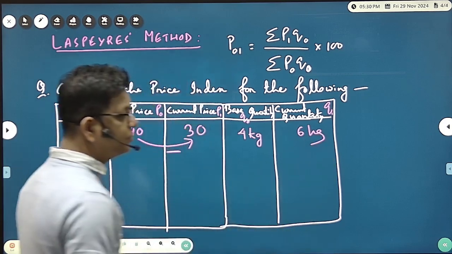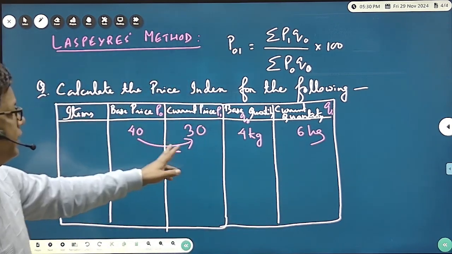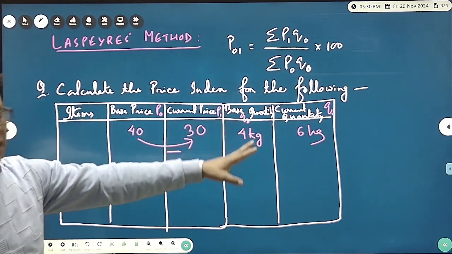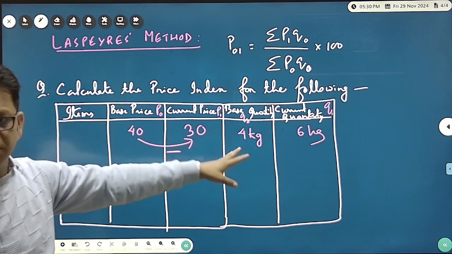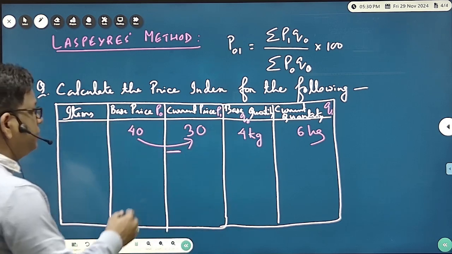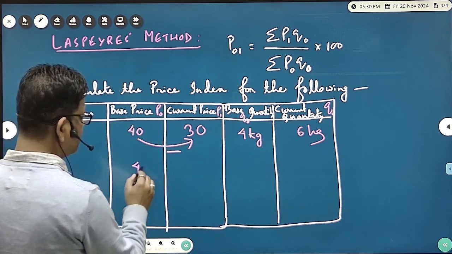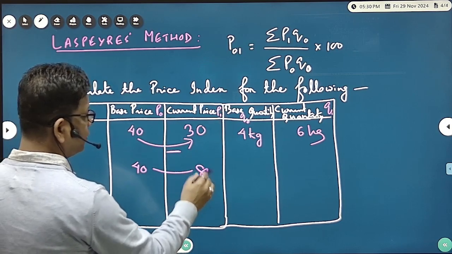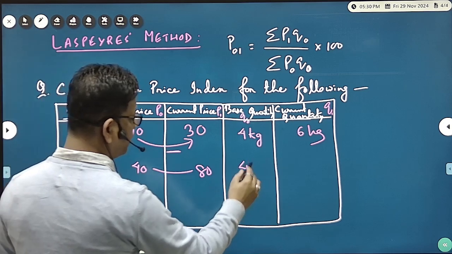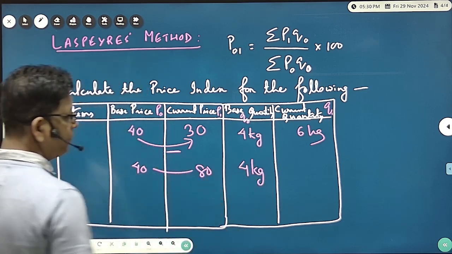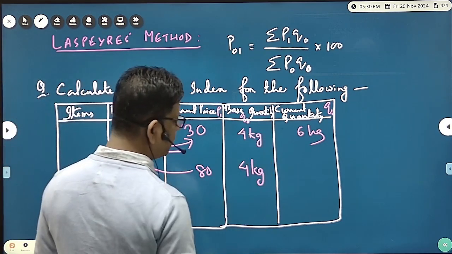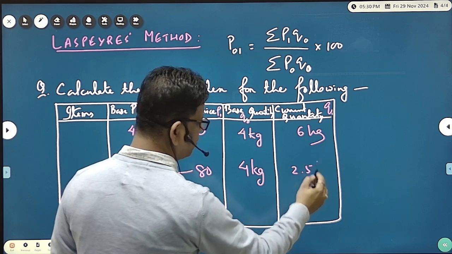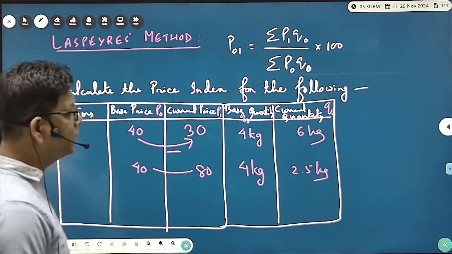Based on the current price, the current quantity will be different, and the base quantity remains the same. Sometimes the price increases. It was 40, it became 80. Earlier I was buying 4 kg; now since the current price is increasing, suppose I am buying 2.5 kg. Getting it?